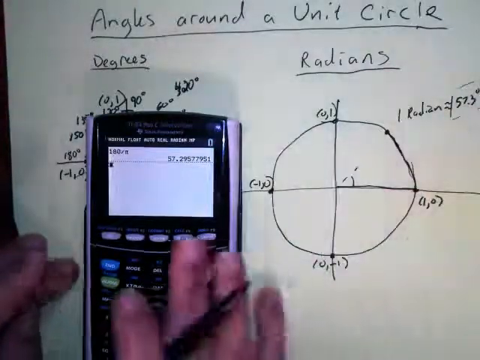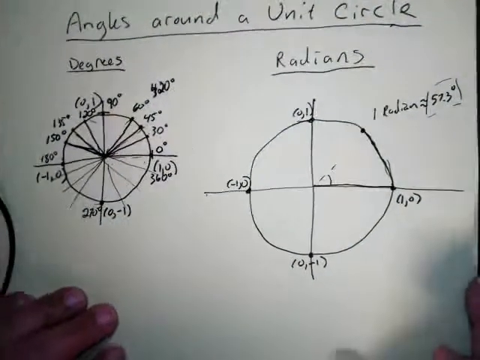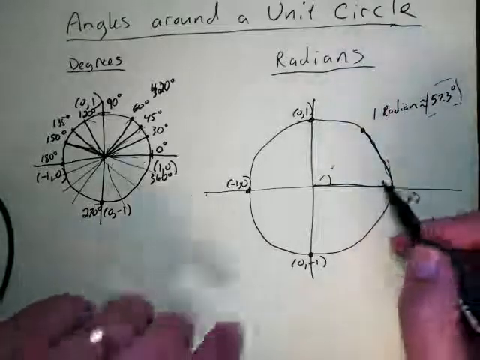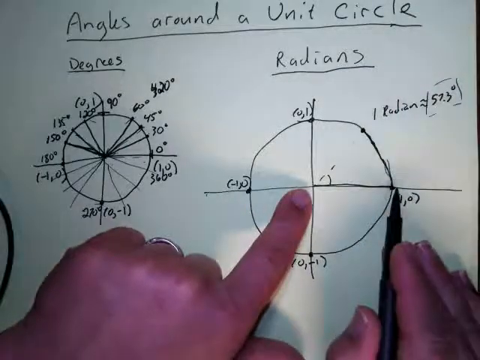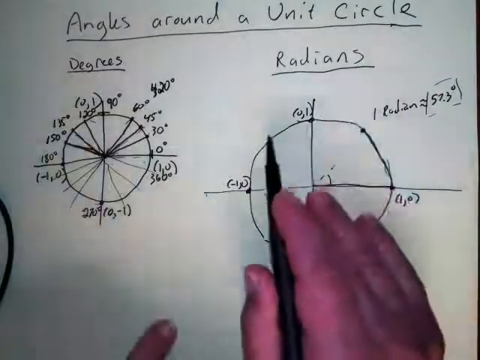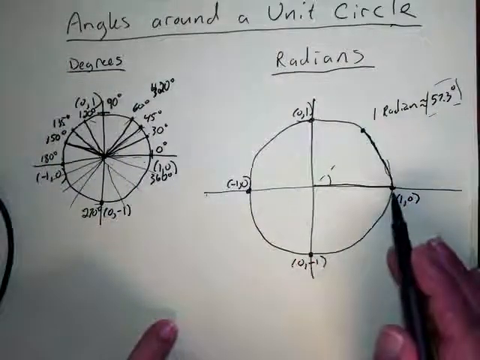So 1 radian is almost 60 degrees, but not quite 60 degrees. Okay? So now the question is, how many radians are around the circle?